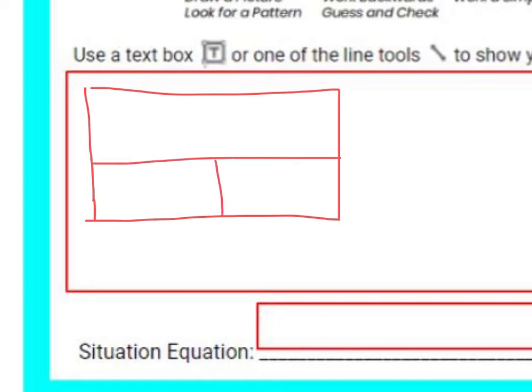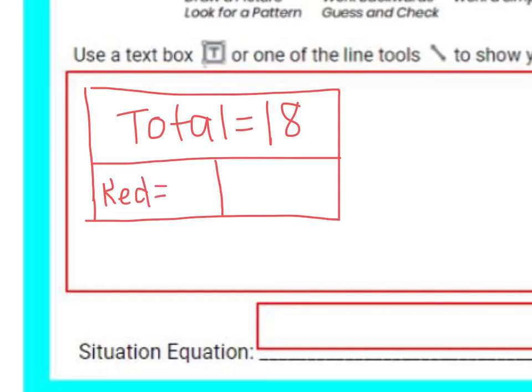So we're going to put our total here, which is 18, and then these are the ones that are red. And we know that those are 12, and then these are the ones that are green, and we don't know how much that is yet. So we're going to put a question mark.